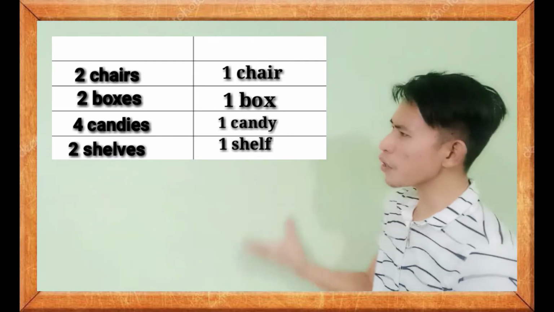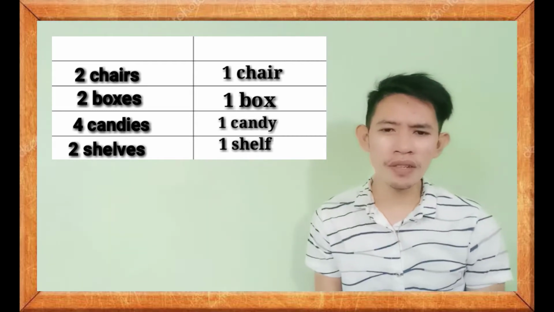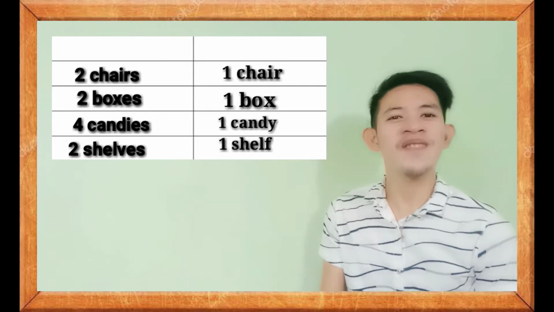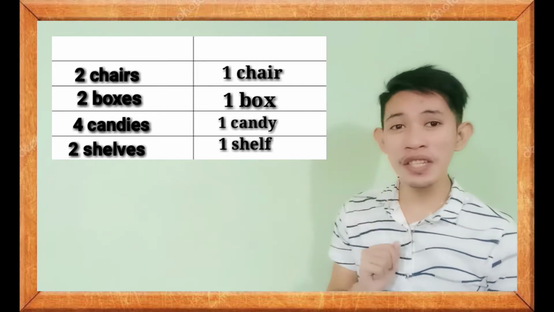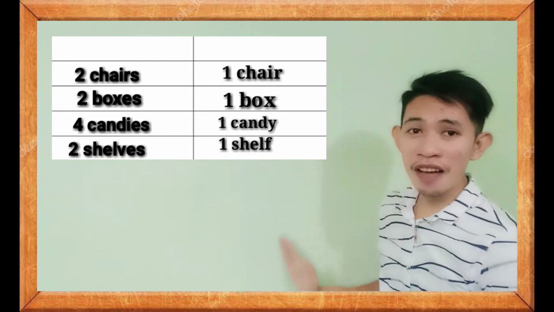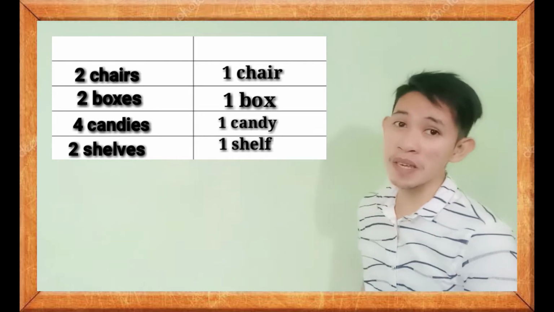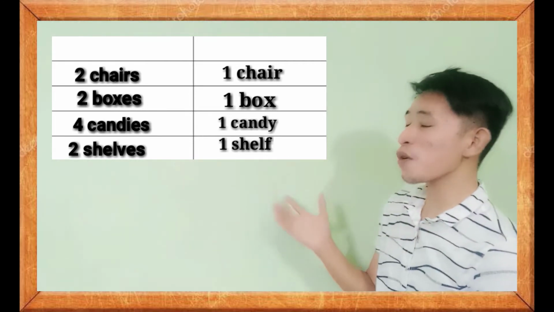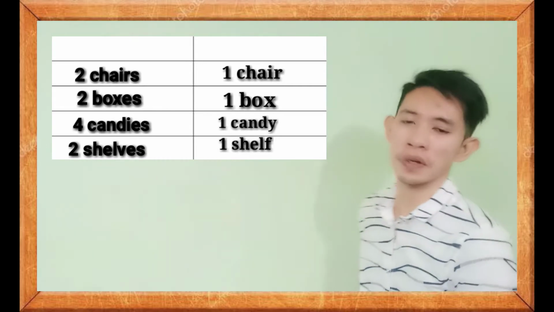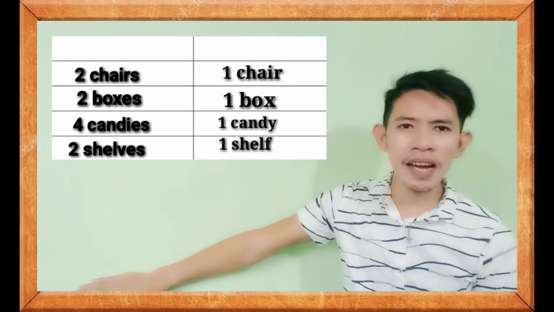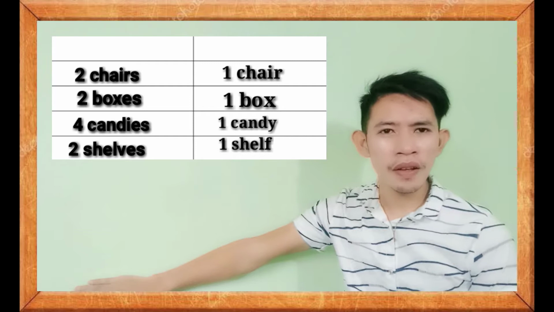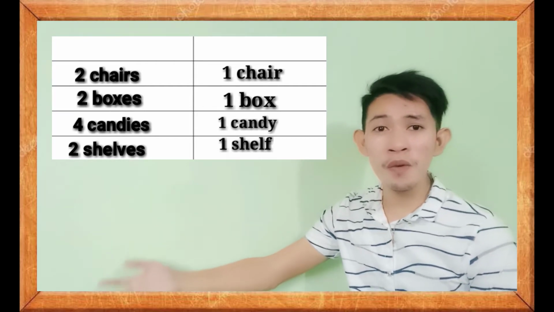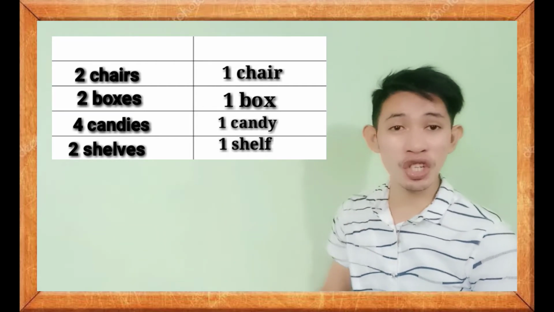What have you observed from these given words? Very good. At first, we only have 1 that is being mentioned. 1 chair, 1 box, and so on. But at this side, this column, there are more than 1 thing being mentioned.